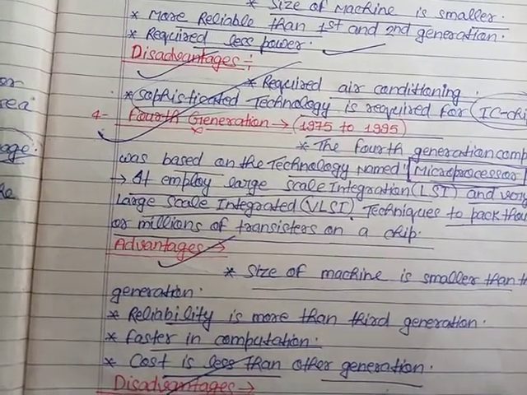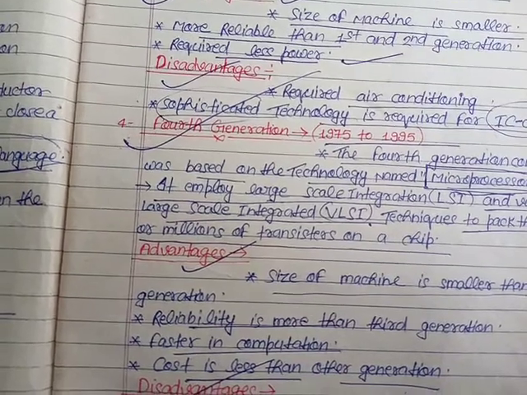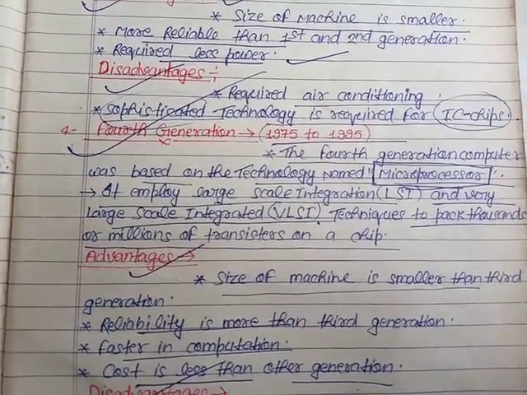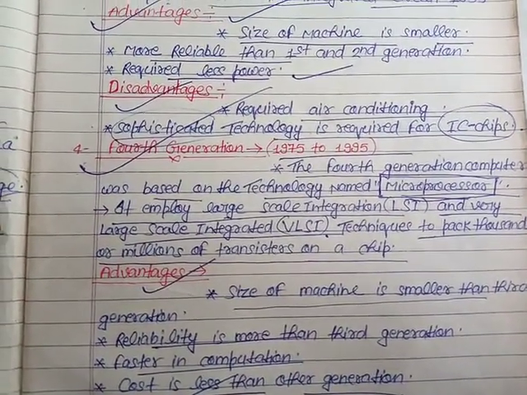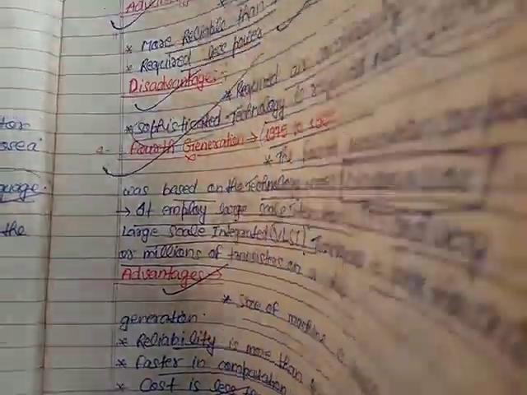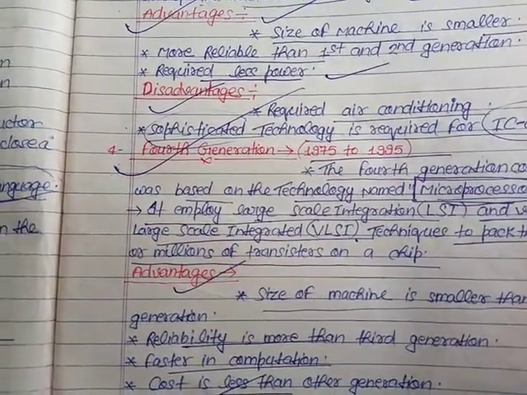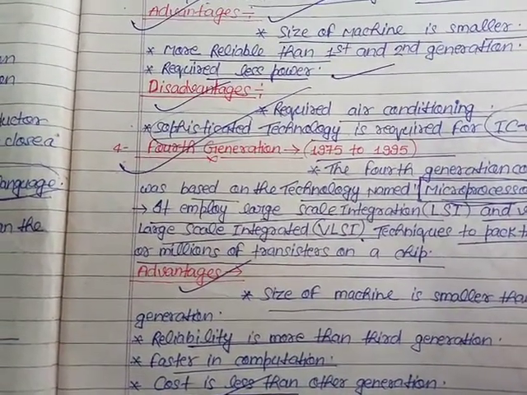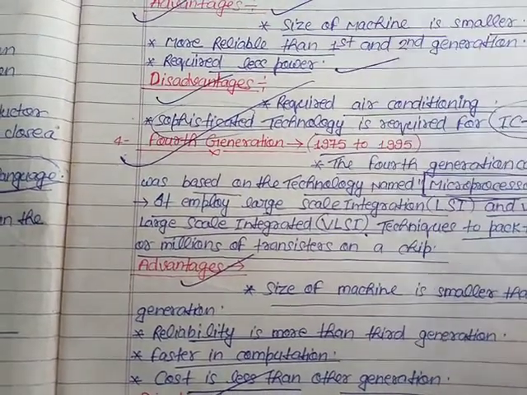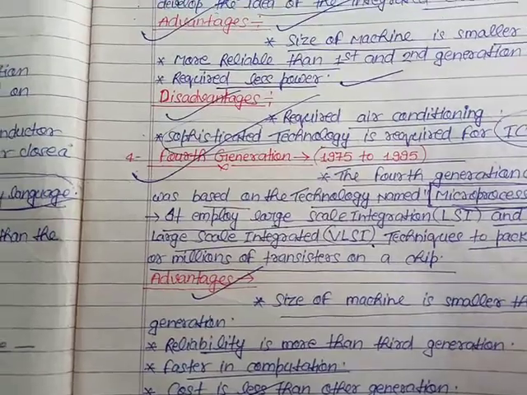In fourth generation of computer, the concept of microprocessor was introduced. It employs large scale integrated circuits: LSI, VLSI and VVLSI. These are the technologies used in fourth generation of computer. VLSI means very large scale integrated circuit.